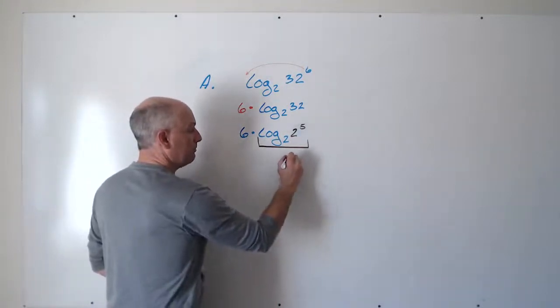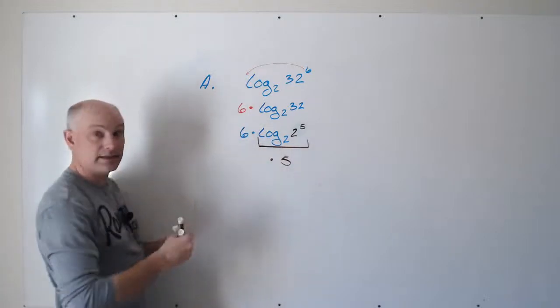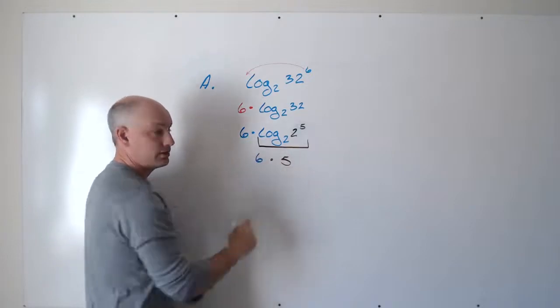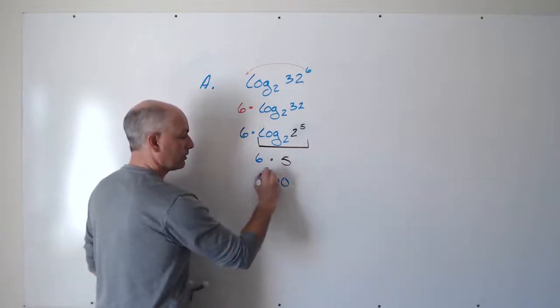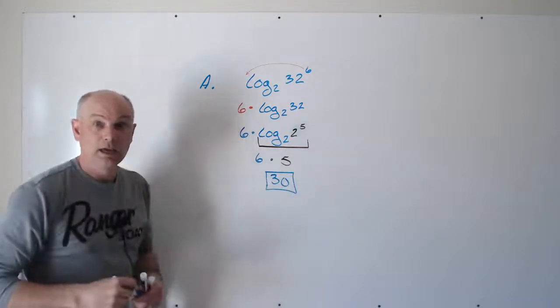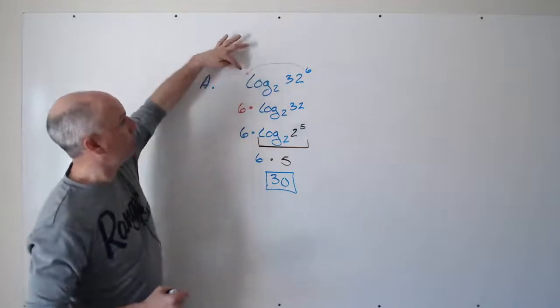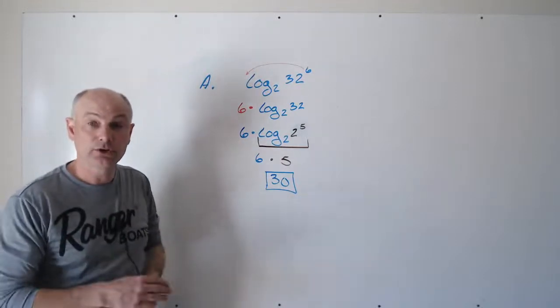So now I'm going to bring my little 6 down here. Again, that's like a little brother, a little sister going to the mall with you. 6 times 5, then I can say my final result is 30. Okay? So again, the intent here is that we're using that power property to write this as a multiplication first.